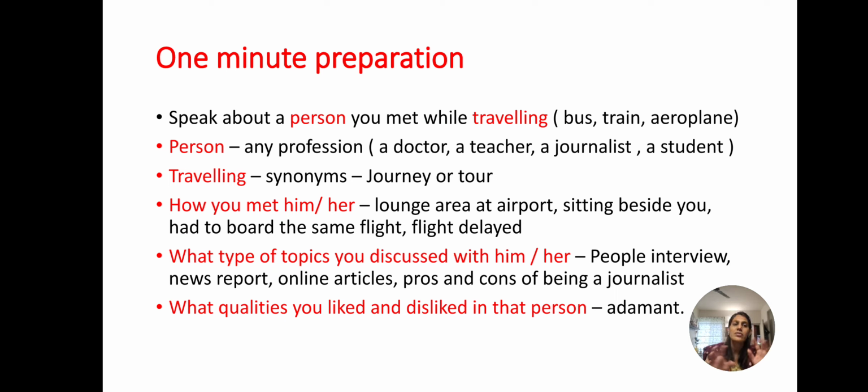So somewhere I can use the word traveling in my introduction, connecting it to the first pointer, how you met him or her. The second part can be in the body, what type of topics you discussed with him or her. And the last pointer, what qualities you liked and disliked in that person, can be the concluding part. So let's see how I have framed all these points into sentences.